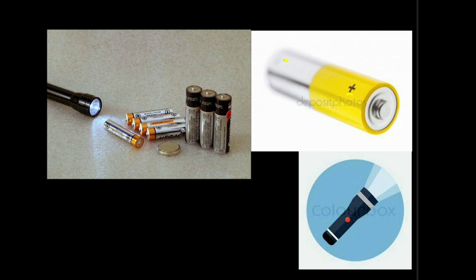When we connect a torch battery, the negative side connected to a positive side, and a bulb, it produces some light. In this case, chemical reactions produce electric energy, and examples are seen here.